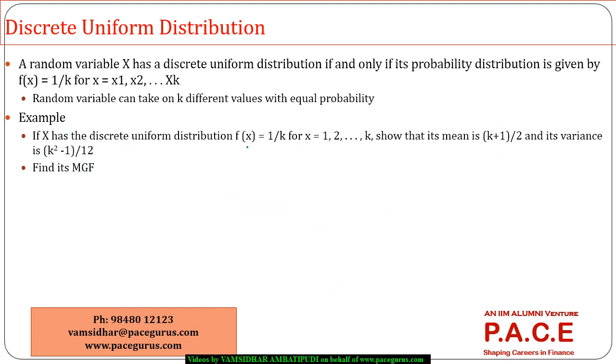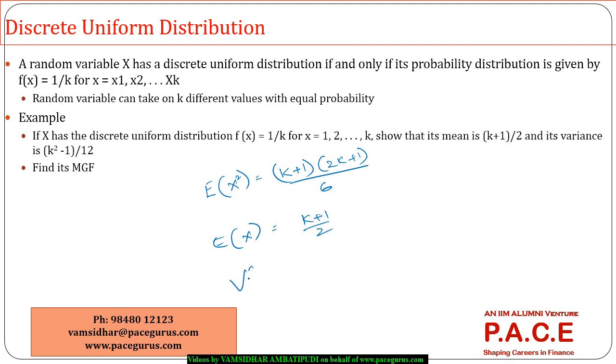So the expected value of x squared is coming out as k plus 1 into 2k plus 1 by 6. The expected value of x is coming out as k plus 1 by 2. From here I can find out the variance of x, which is the expected value of x squared minus the expected value of x whole squared.